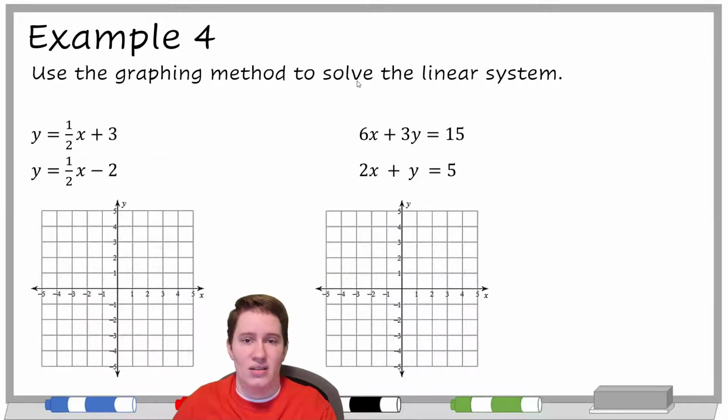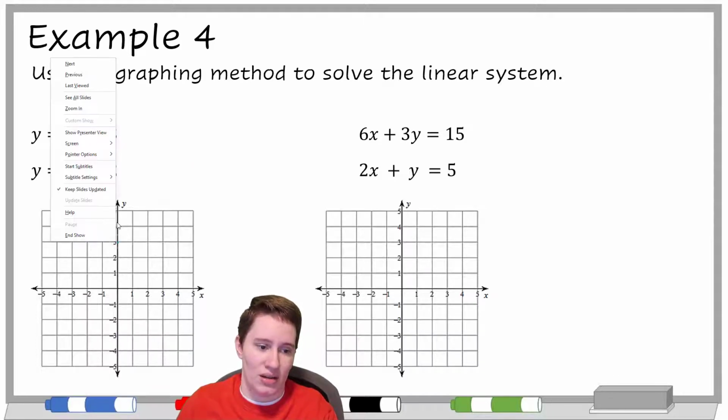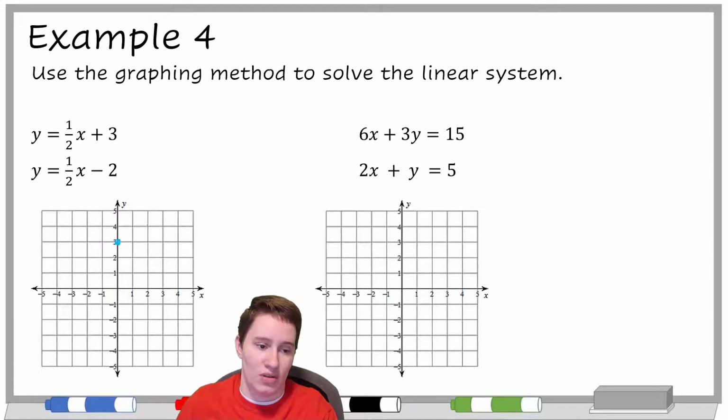This is one where it should seem fairly obvious that a special case is happening, because for both situations, our slopes have to be the same. In this first case, we have y equals 1/2 x plus 3 and y equals 1/2 x minus 2. Hopefully pretty quickly as we graph these, we see that we've got a slope of 1/2 here. And then we start at -2, and then we have a slope of 1/2 again.